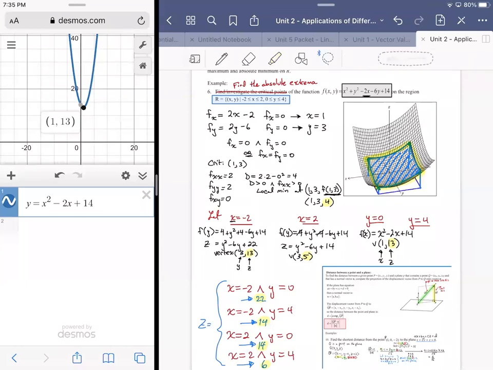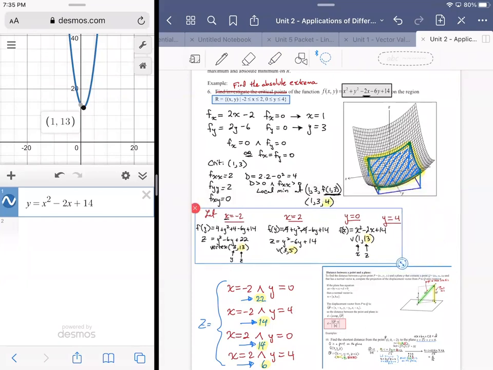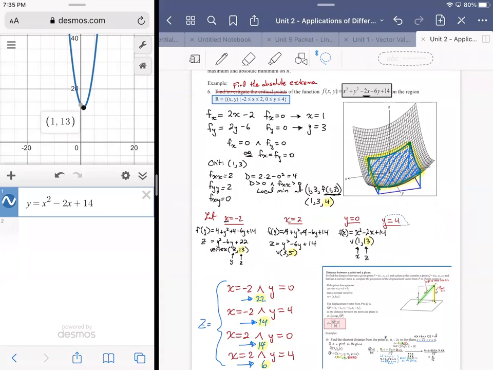All right, and so last but not least, replacing all of my y's with 4s, I'm going to have f of x equals 16 plus x squared.